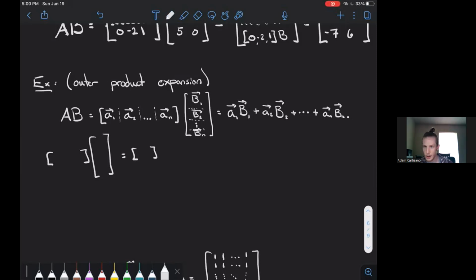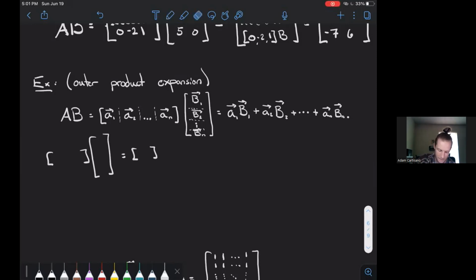And what you do is you do the dot product of the row vector and the column vector. That's just the dot product of two vectors, right? And it's just a number. We get a matrix which is one row and one column, and it's got one entry, the one number that's the dot product.